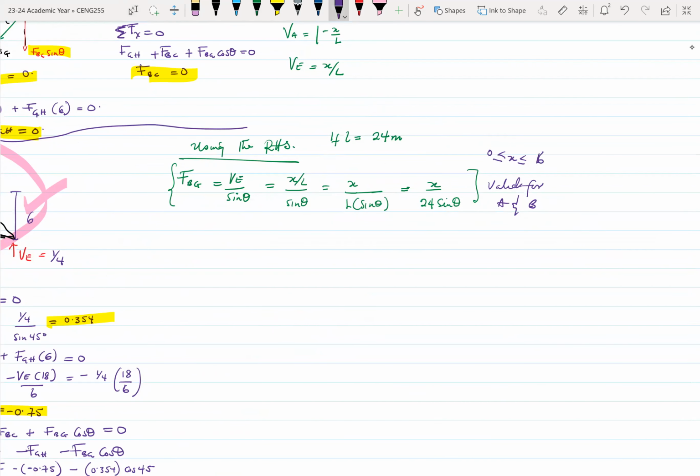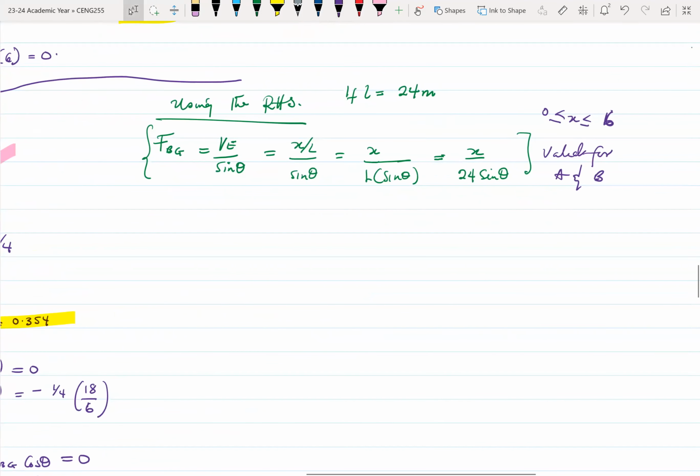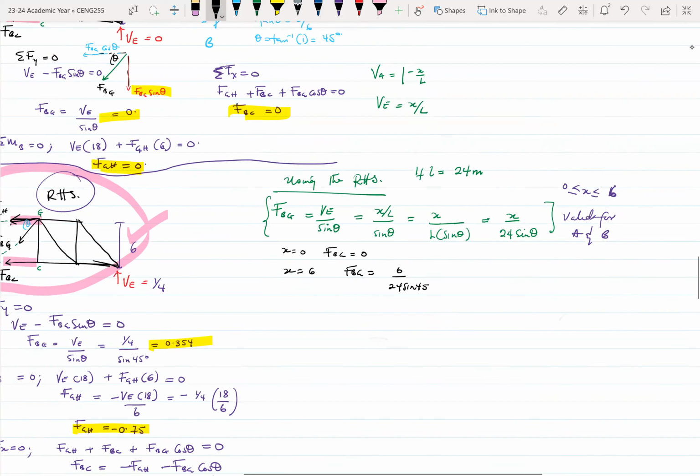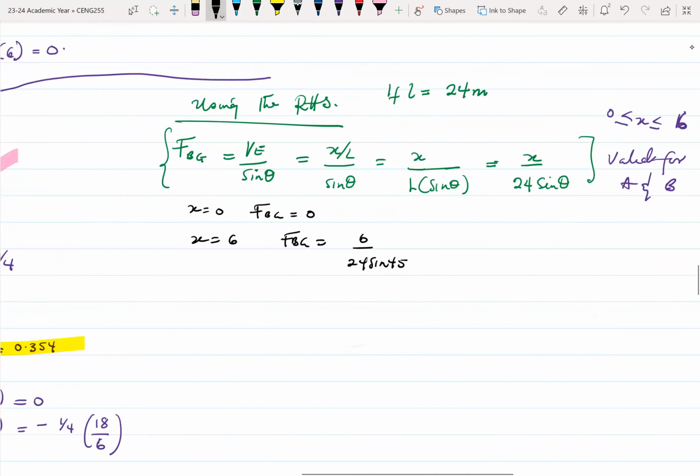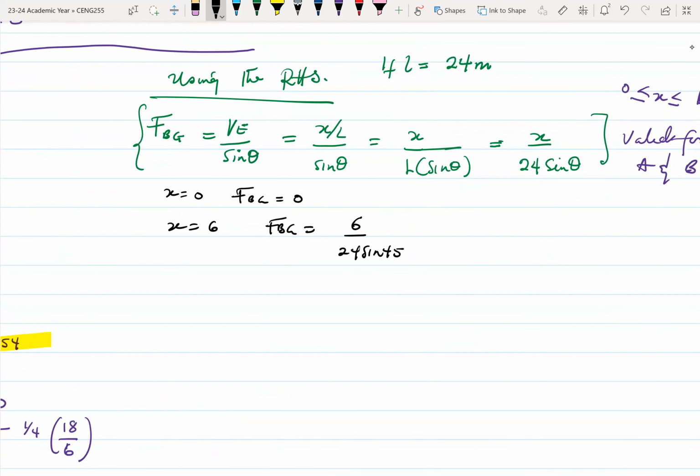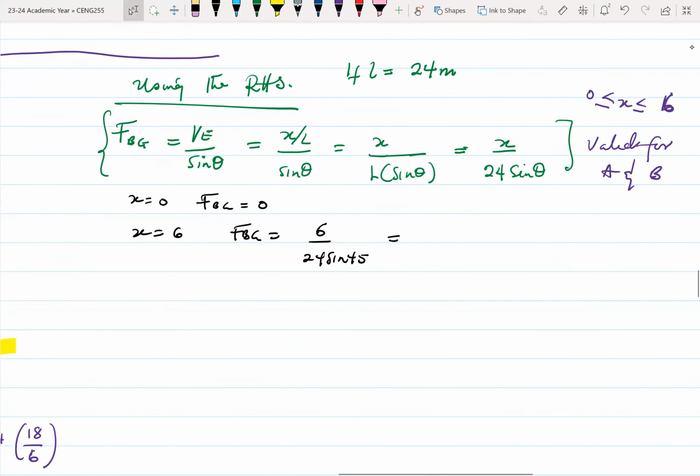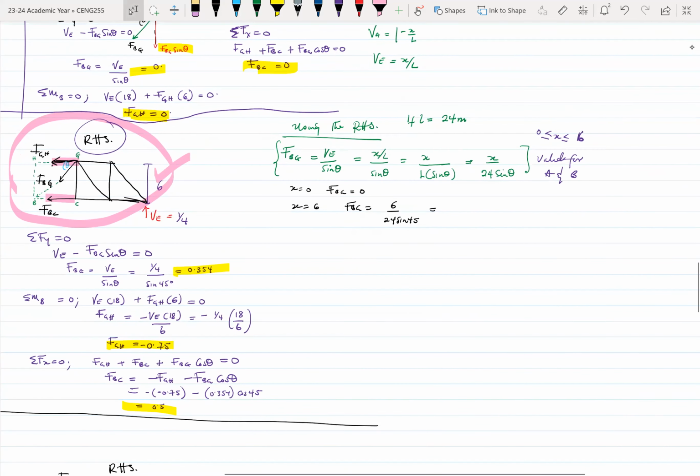Consider when x is 0, our FBG is also 0. When x is 6 meters, our FBG will be equal to 6 over 24 sine theta. If you do these calculations, you can always cross-check with your calculator, you will get 0.354.